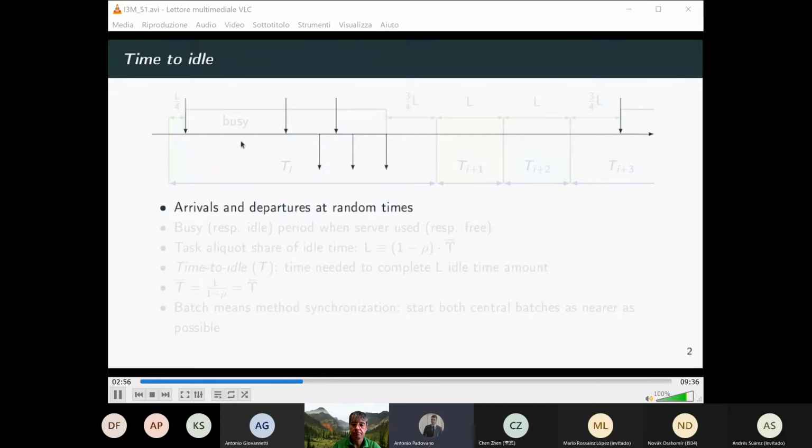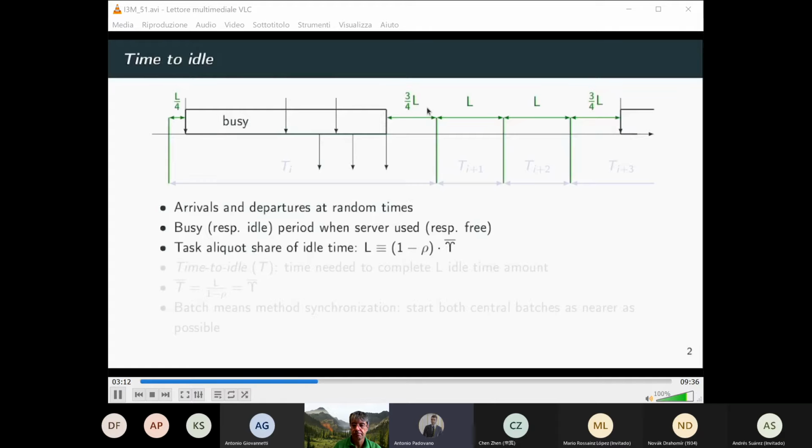If we focus on the state of the server, there are two types of intervals: the ones where the server is busy and the ones where the server is idle. This idle time we divide into subintervals, each one belonging to one request.